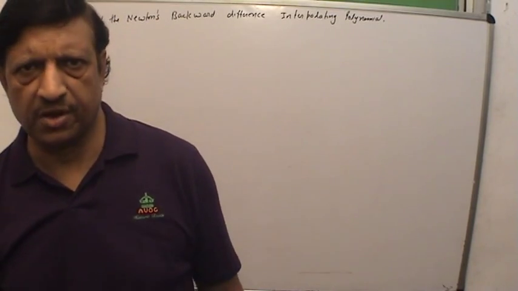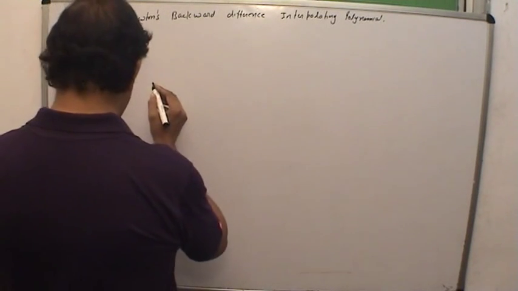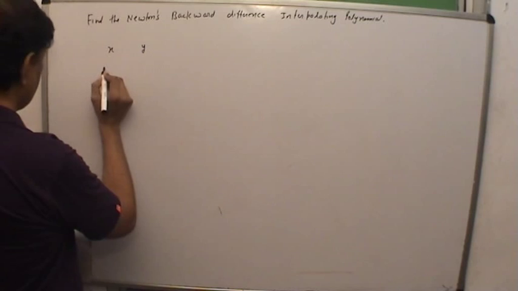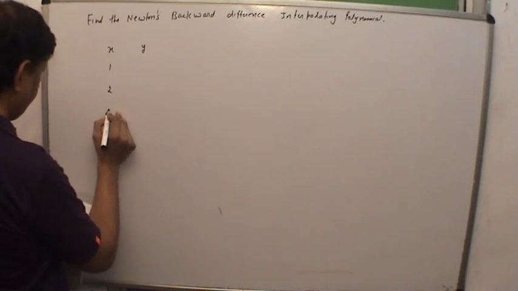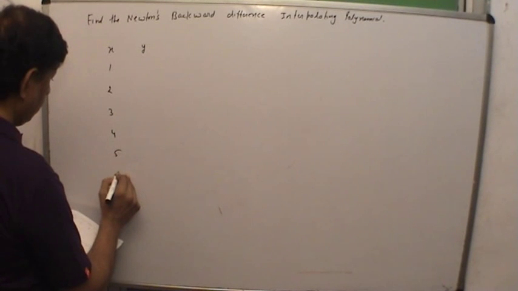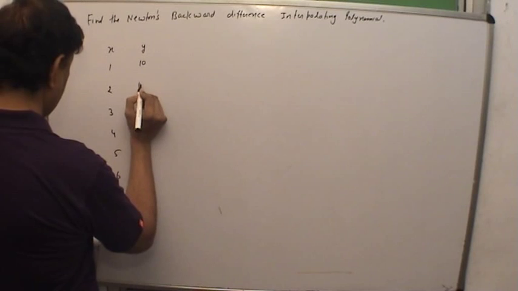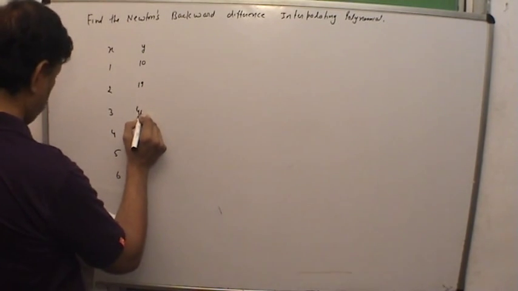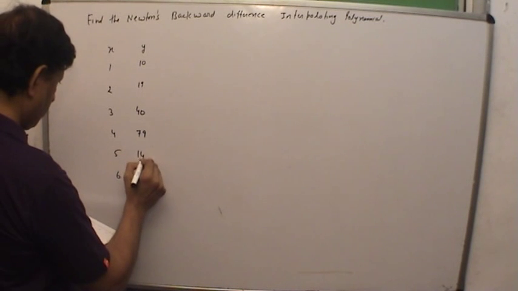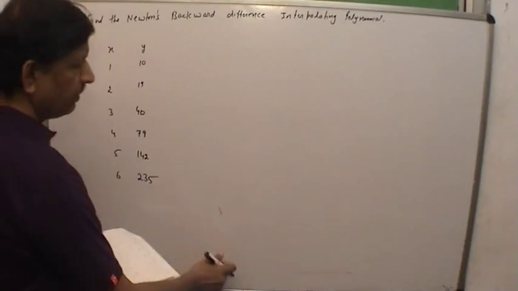For more simplification, we just consider a data. Say x, y: x is 1, 2, 3, 4, 5, 6 and y is 10, 19, 40, 79, 142 and 235.